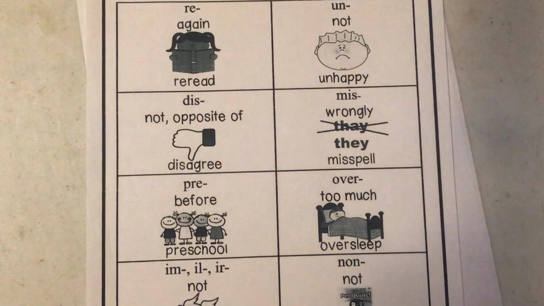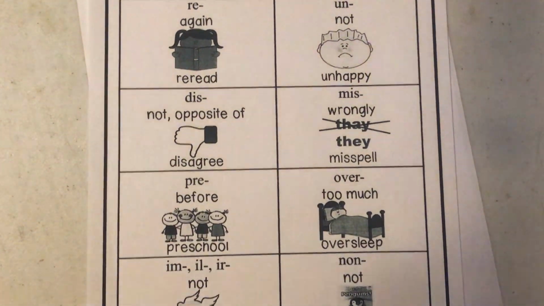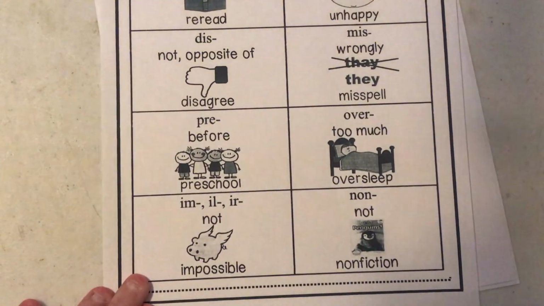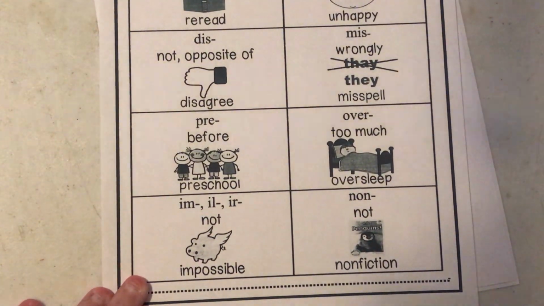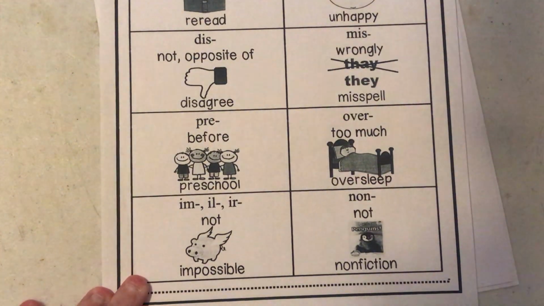Pre means before. Preschool means before school. Over means too much. Oversleep means you sleep too much. Im, il, ir mean not. Impossible. It's not possible. Non means not.